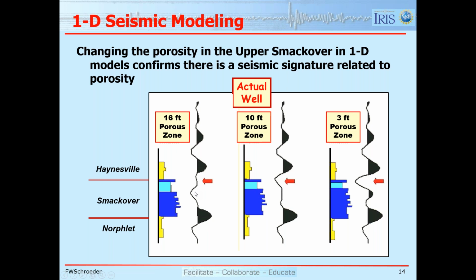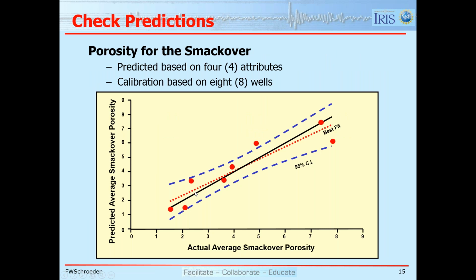So by doing seismic modeling, I can supplement my actual wells with what we commonly call pseudo wells, and we can measure how different seismic responses would change as different rock or fluid properties change.